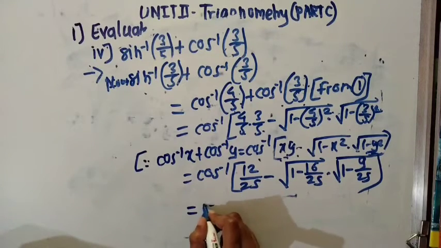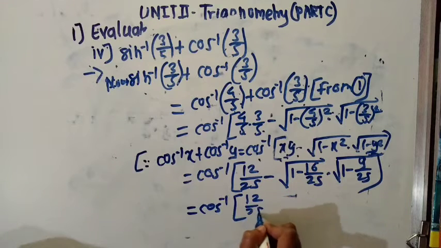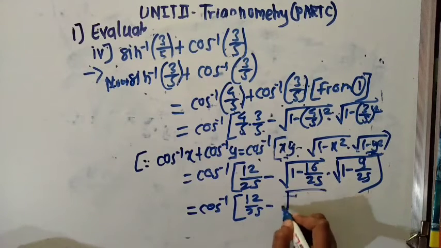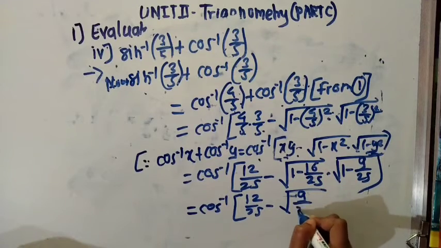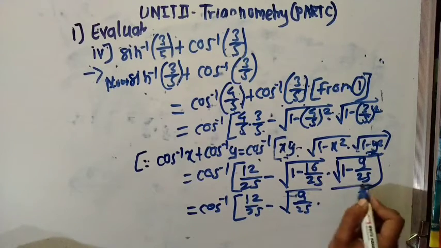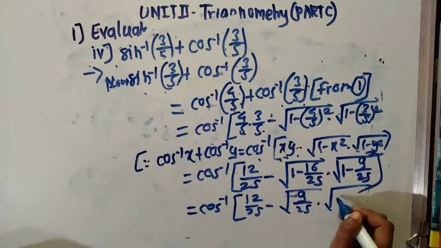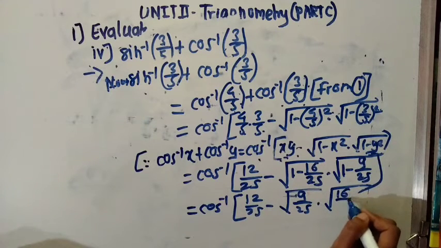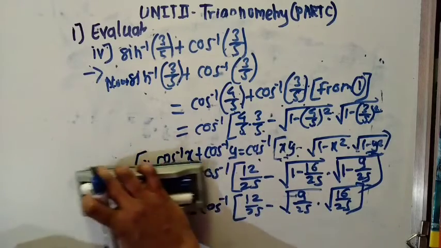and which is equal to cos inverse of 12 upon 25 minus root 25 minus 16 is 9 upon 25 into 25 minus 9 is 16 upon 25.